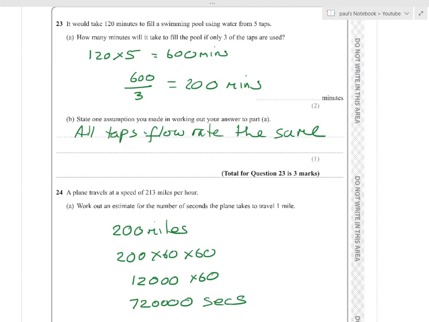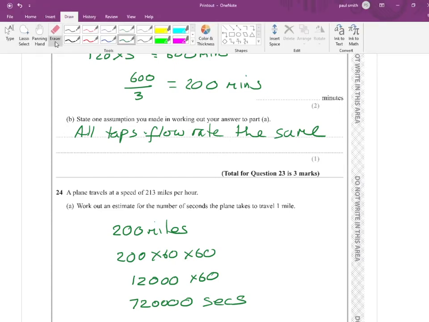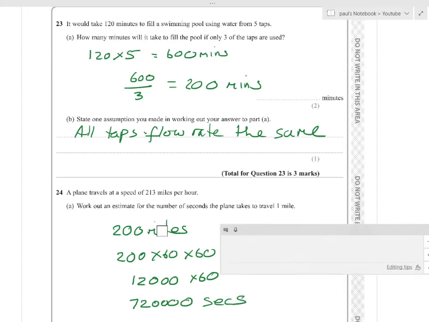What number is that? 24. Oh, what we've done. Completely the wrong way around.